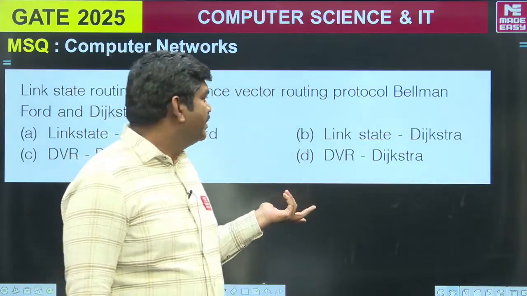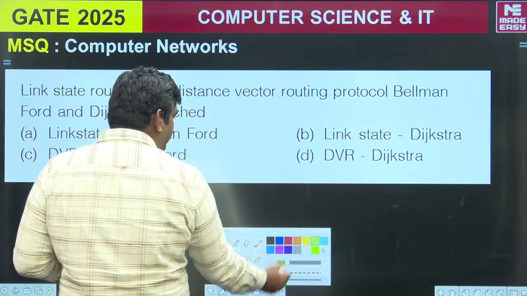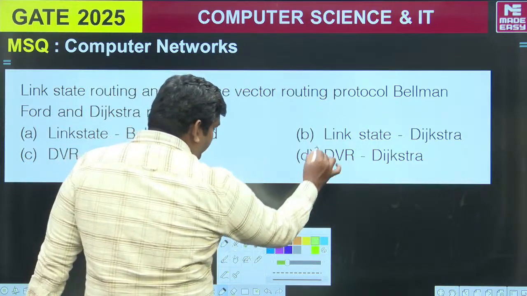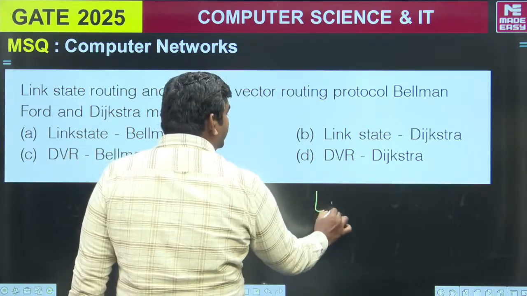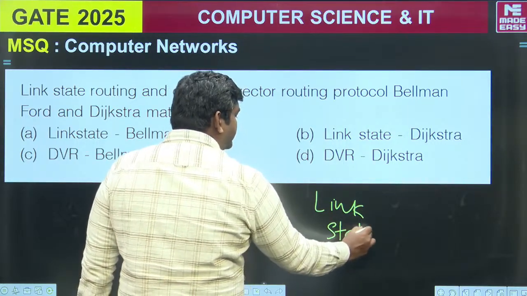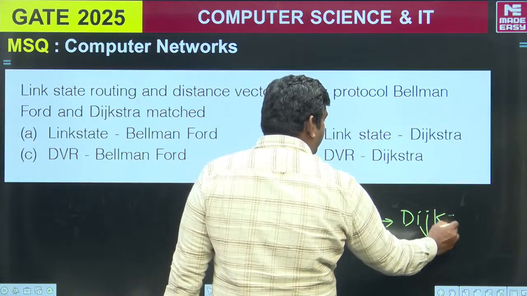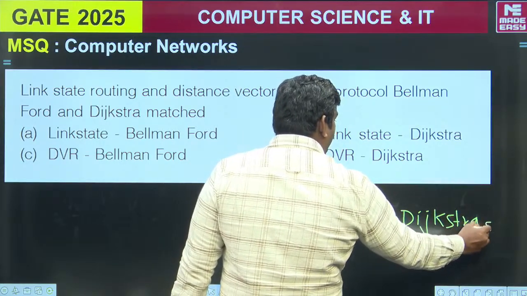You can see, so here the two answers which they ask in the MSQ. So you can observe that link state for finding the shortest path, it is using the Dijkstra's algorithm.